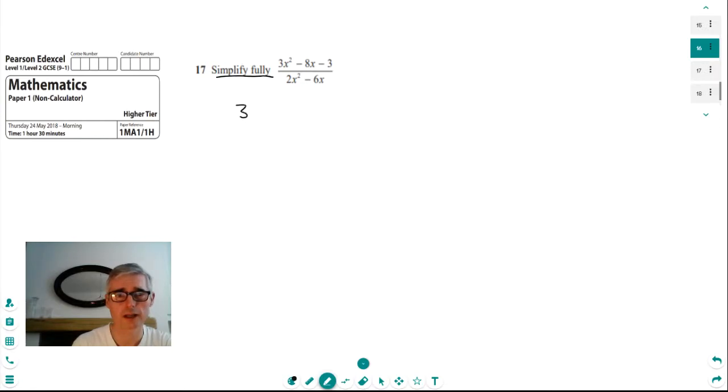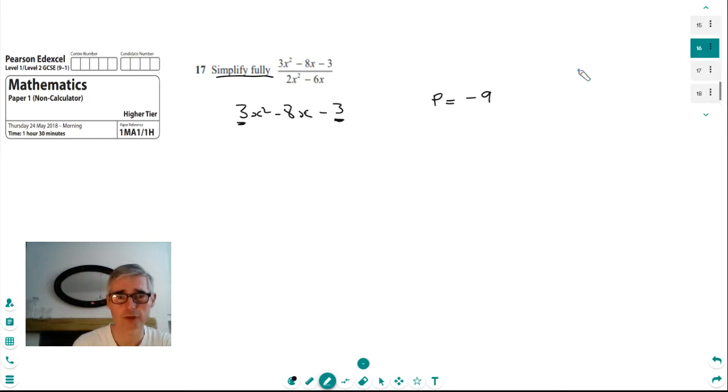So if we look at the 3x squared minus 8x minus 3, what we've got is a quadratic expression which we can attempt to put into two brackets. And I would use what I call the AC method, where we take the A value and the C value, and we multiply them together, which tells me that we're looking for a product of 3 times negative 3, which is negative 9.